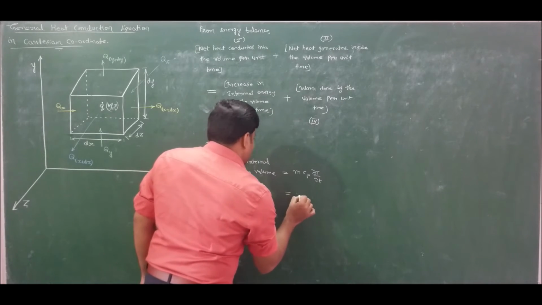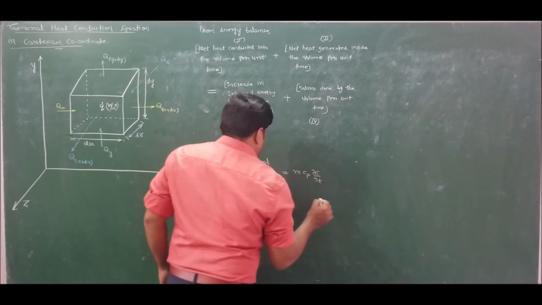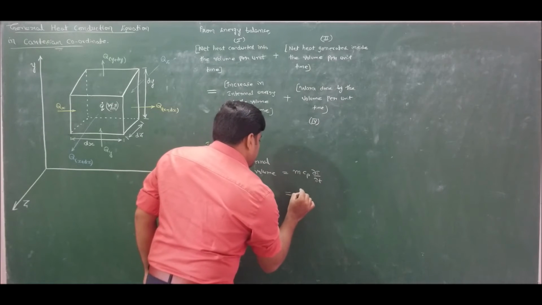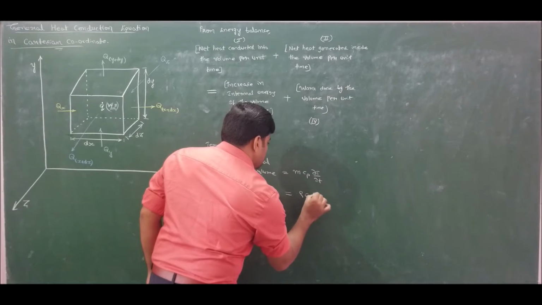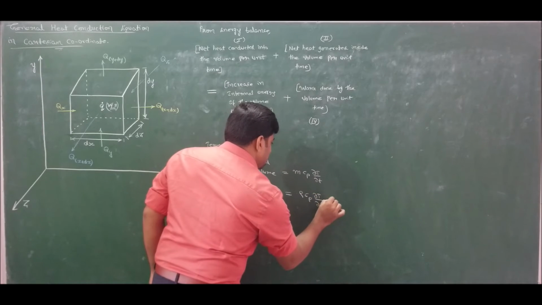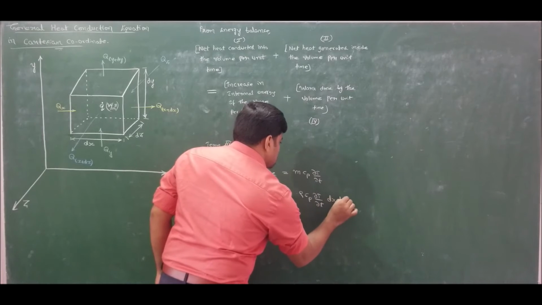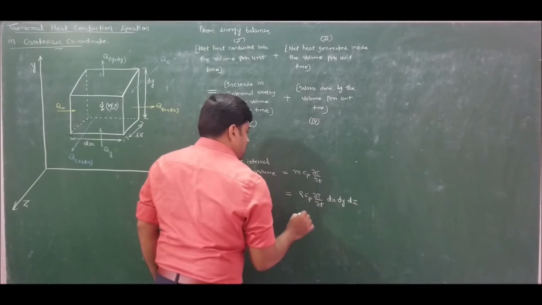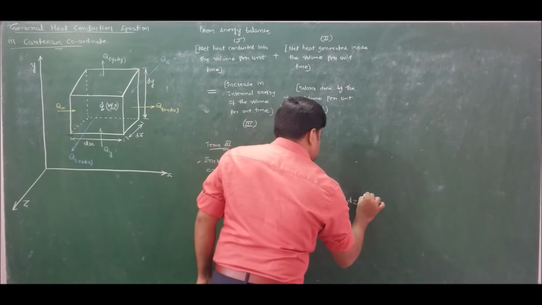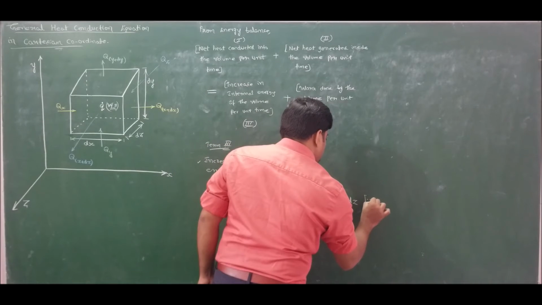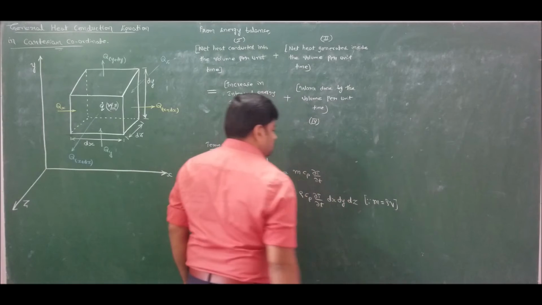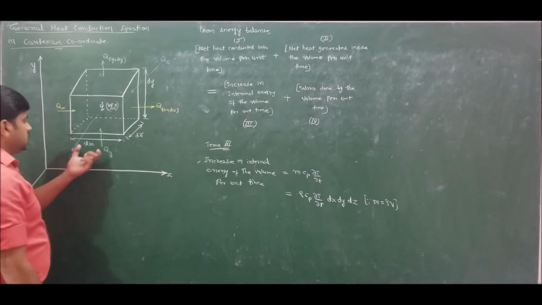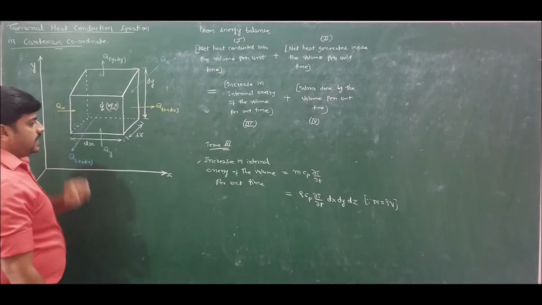So if I know the material of this volume, I can determine the mass as density times volume. So I can write it as rho Cp ∂T/∂t times the volume dx dy dz. This is because mass m is equal to density times volume, where the volume is known to us, it is dx dy and dz.